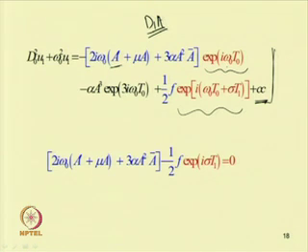So, we should eliminate the coefficient of these terms. Eliminating the coefficient of this term, that is 2 i omega 0 a dash plus mu a plus 3 alpha a square a bar minus half f e to the power, taking common e to the power i omega 0 t 0, we can write this equal to 0.